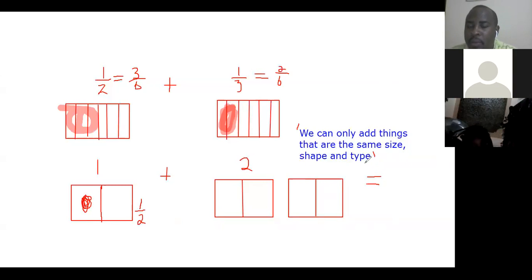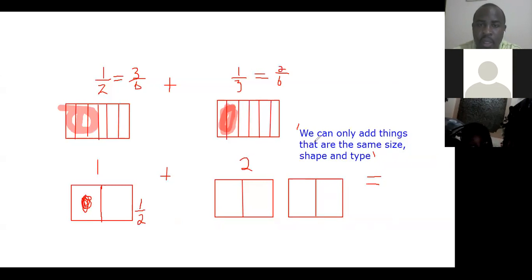Okay, so you realize now, Zaria, that once the denominators are the same, it means that they are the same size, shape, and type. Okay, Zaria? Yes, sir. That is why we make the denominators the same in a fraction, because we want to get them to be the same size, shape, and type.